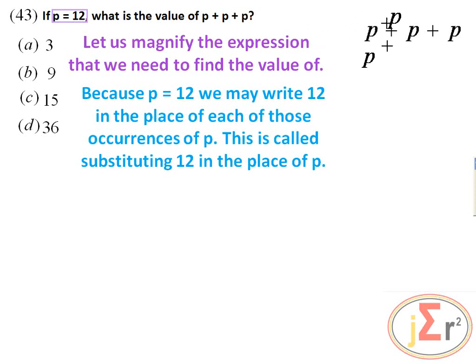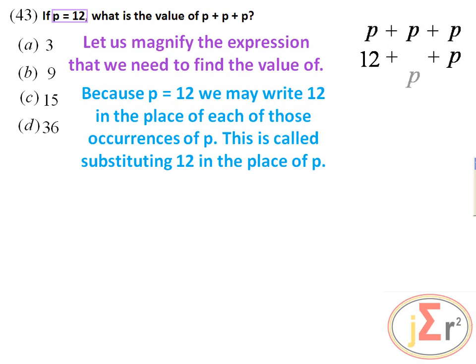We're just writing the expression again so that it is always on the screen and we make our substitutions right there. So when we do the substitution, we still have the original expression on the screen.